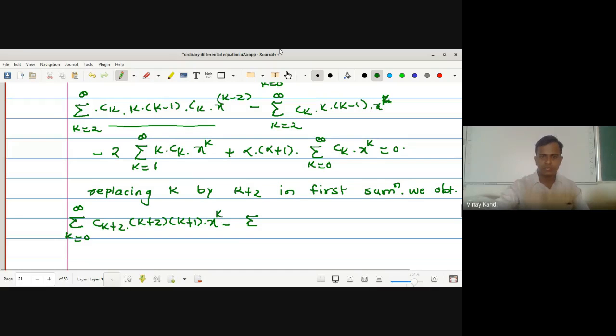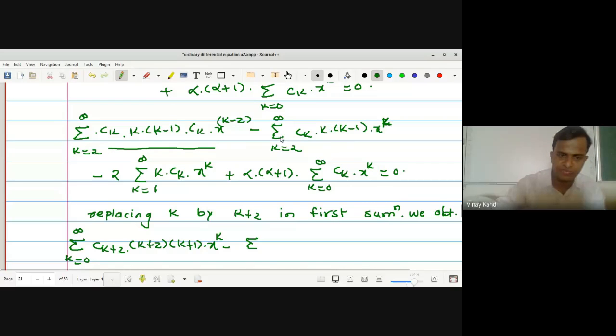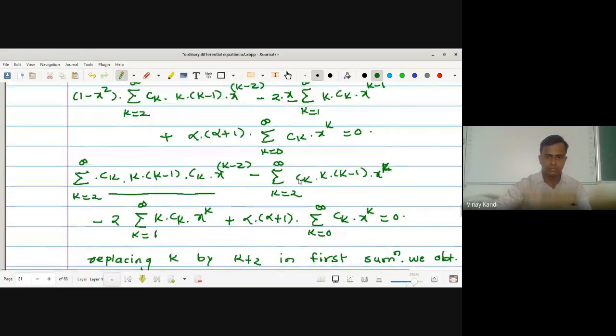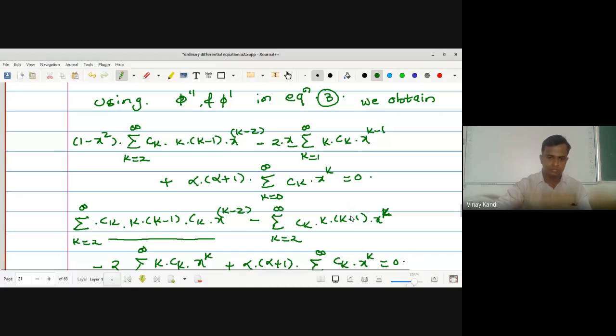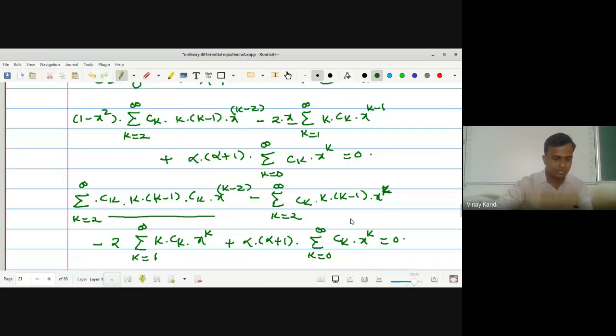k running from 2 to infinity आहे ना इथे 0 to infinity यायला पाहिजे. 2 ठेवल्यावर काय होईल?